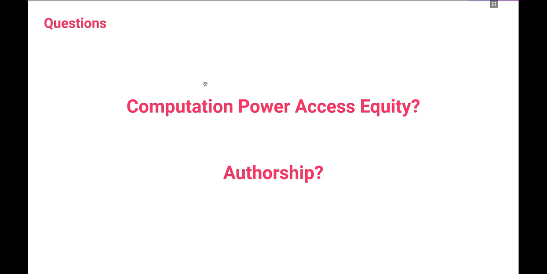And of course, when we go deeper into the idea of AI, we also have to think about computation power, equity, and the authorship of the result. Since solving complex AI problems would need a high amount of computational power, will delivering such solutions be restricted to large organizations or institutes who will have the financial capability of accessing that computational power?